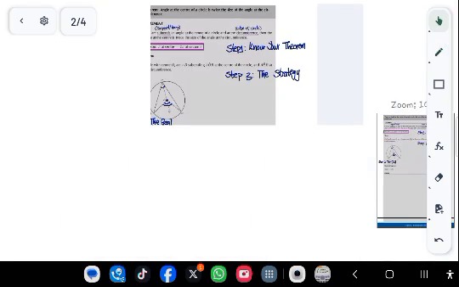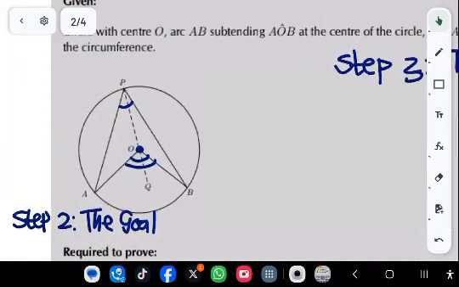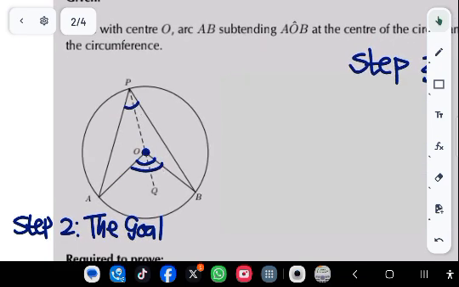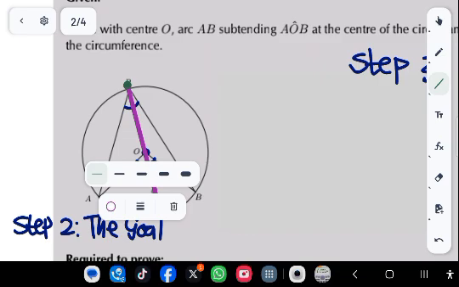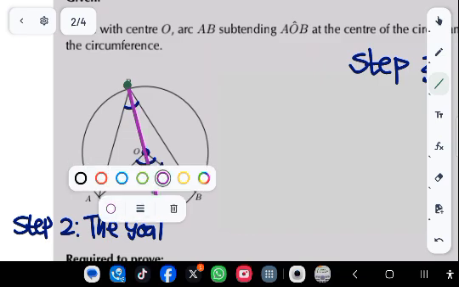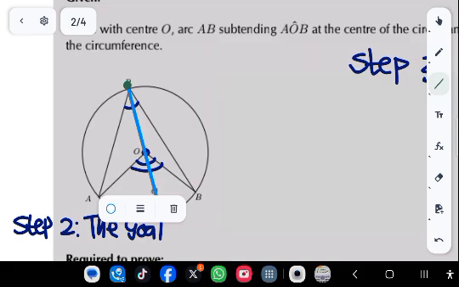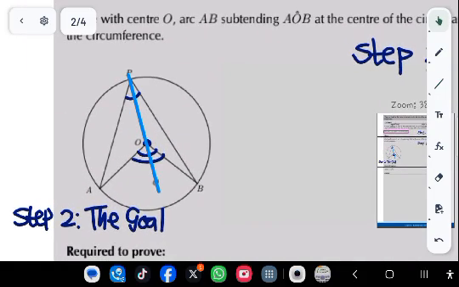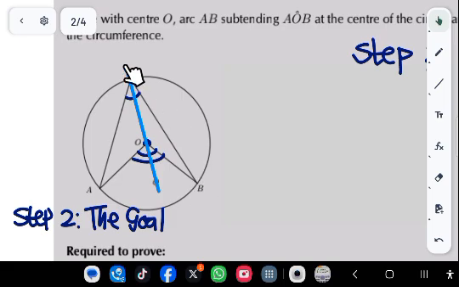The strategy for this one is actually very easy. If you join PO and produce it all the way to Q, you will end up with 2 triangles, and you can manipulate those two triangles to show you something. You end up with triangle APO and triangle BPO.